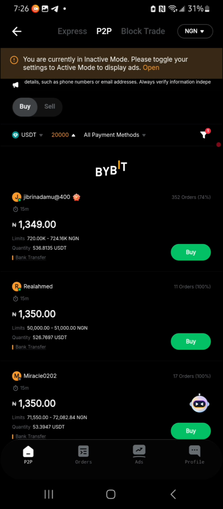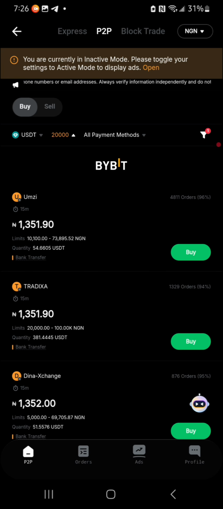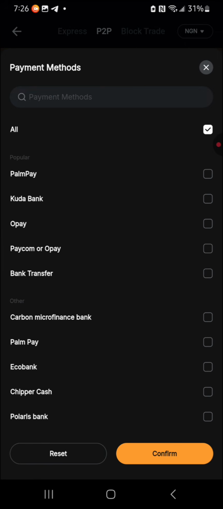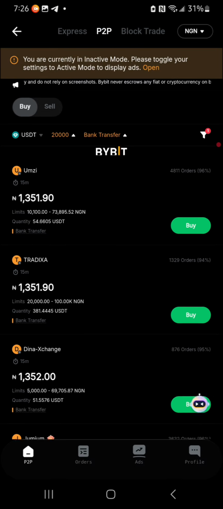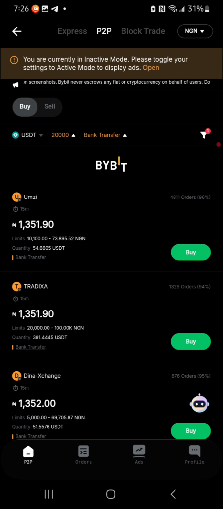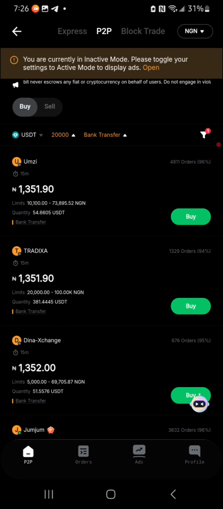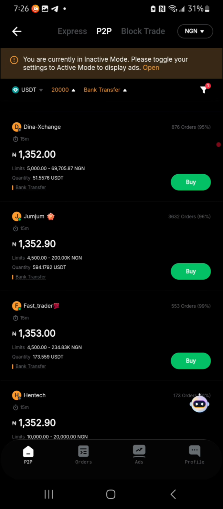And then you set your payment. For the payment method, you set it to bank transfer so that you can only do this trading with bank transfer. As you can see, with bank transfer, you should buy the fiat currency at about 1,352 when you click on buy.